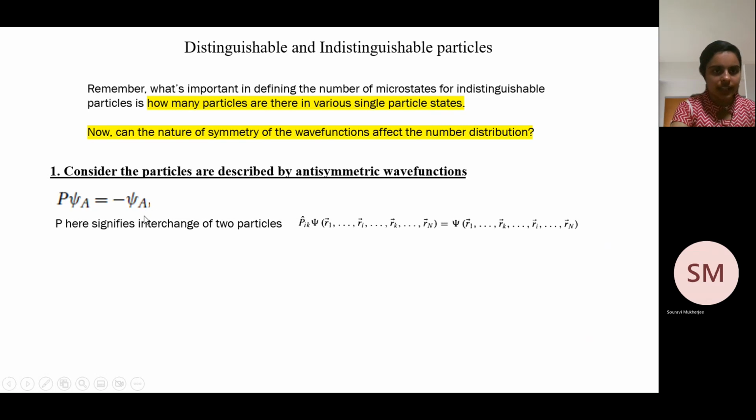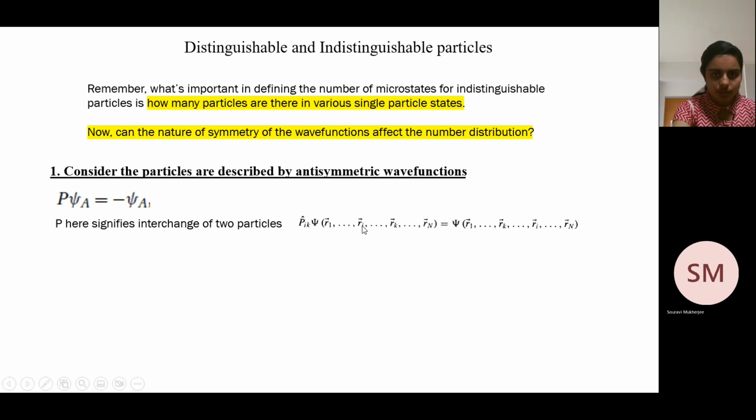But now consider that in one single particle state, which is defined by some Ri, you have two particles. Now what happens when you interchange these two? You get back the same state. Initially, when you were interchanging Ri with Rk, you got a minus sign. But now you have two Ri variables, meaning your two particles are in the same single particle state.